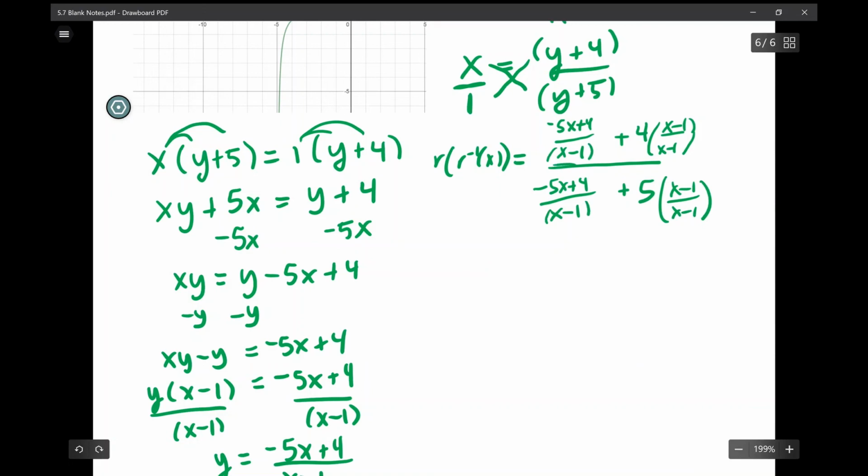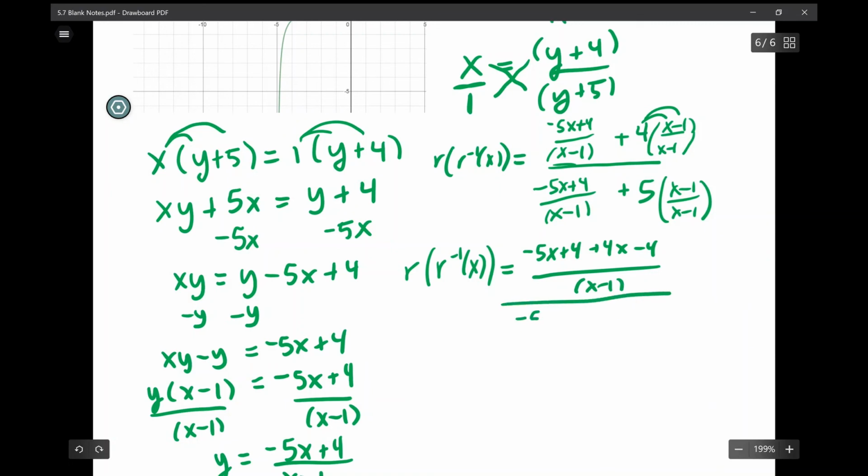So r of r inverse of x equals minus 5x plus 4, and then let's multiply these out, plus 4x minus 4, over x minus 1, over minus 5x plus 4 plus 5x minus 5, all over x minus 1.